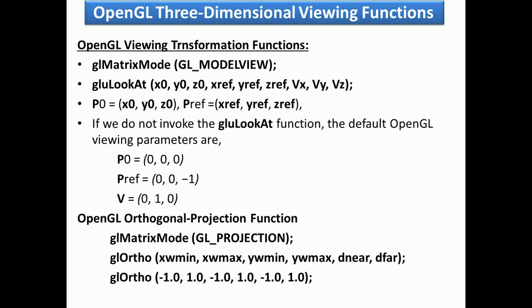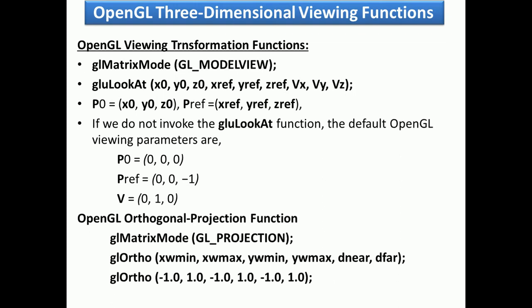To this function we pass the parameters x0, y0, z0, x reference, y reference, z reference, Vx, Vy, Vz. I think we have already made use of this function in our lab terms. The values for all these parameters are to be assigned double precision or floating point values.